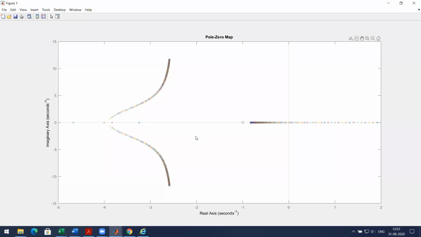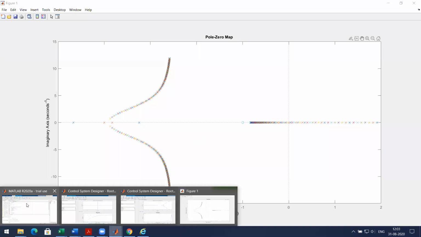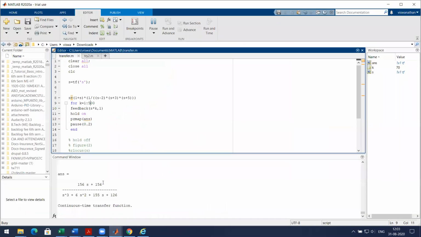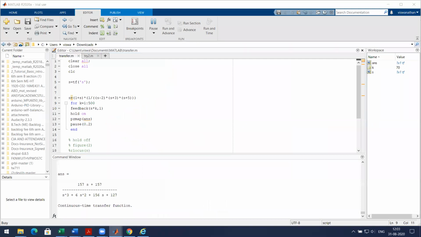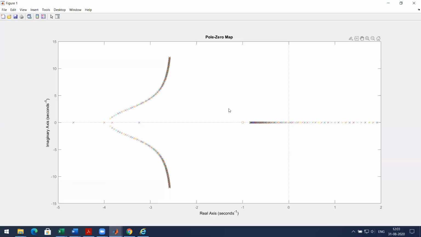Any questions? What is the value of k now? 155. Any questions?